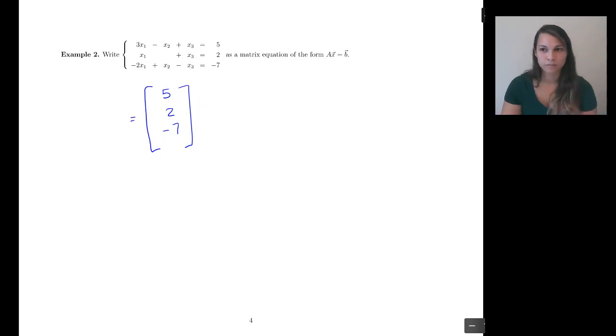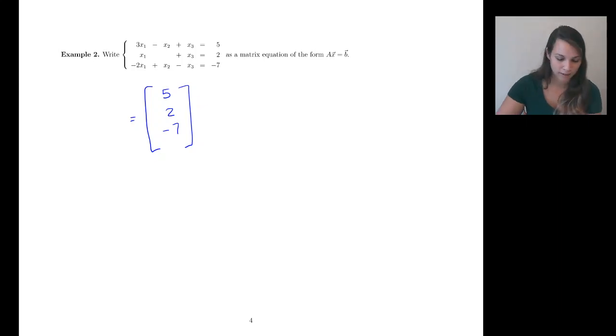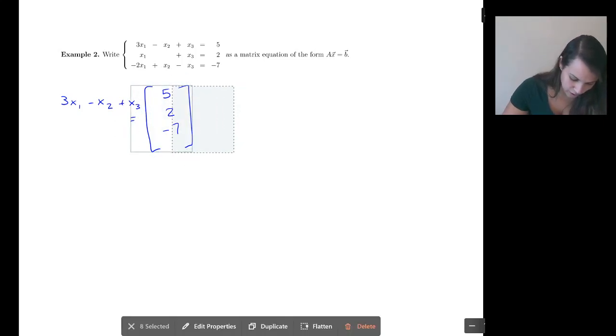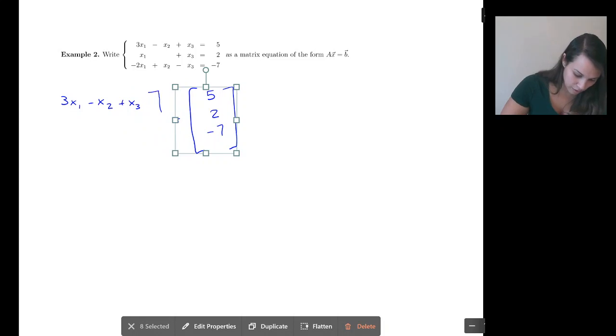I'm going to say, well, I know 5 is equal to 3x1 minus x2 plus x3 from the very first equation. So I'm going to write a vector on this side that will be equal to that vector using the equations that we had.